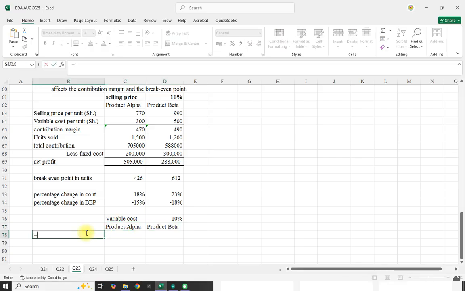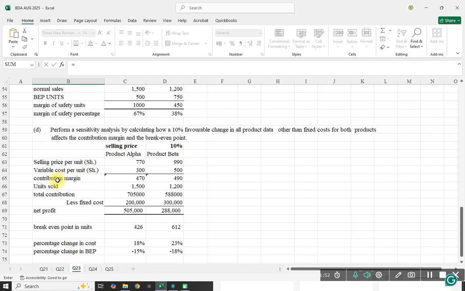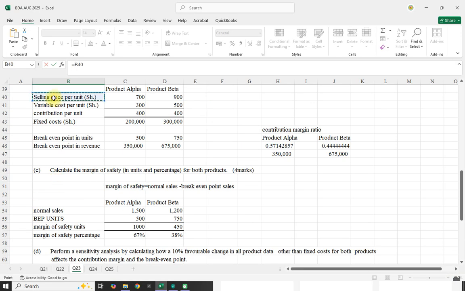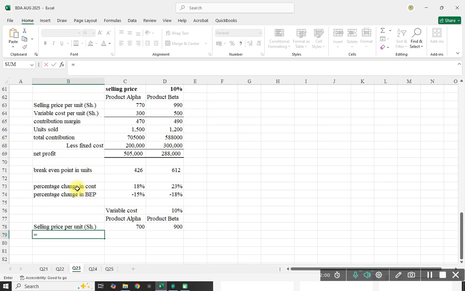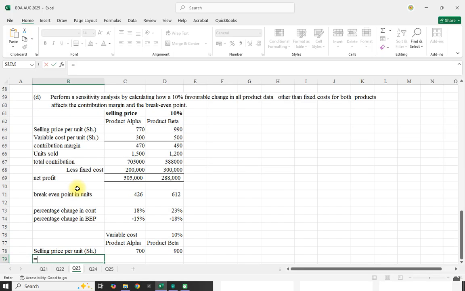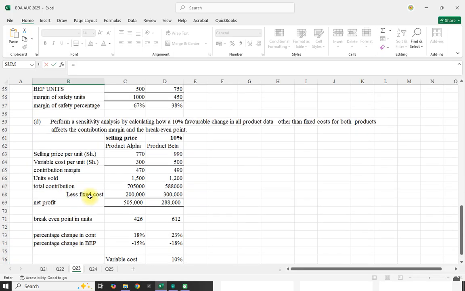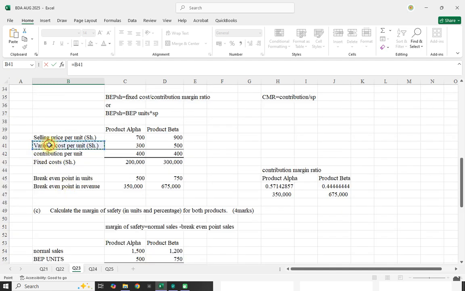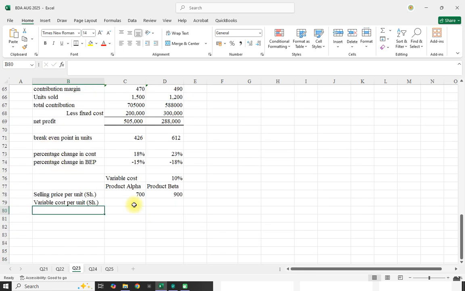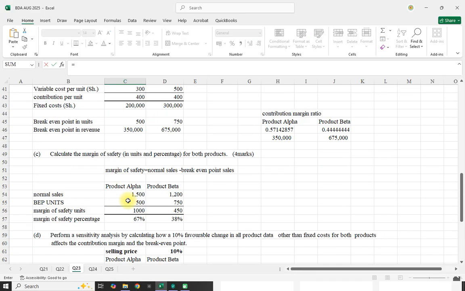The selling price will remain the original one. Selling price will not change, but variable cost will change. Let me pick the variable cost that I have here.